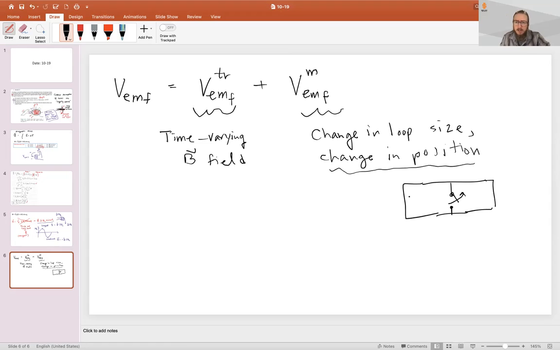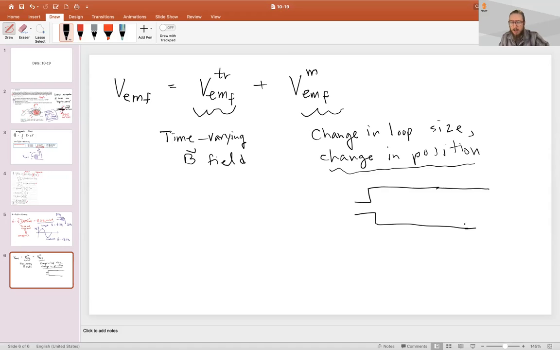Change in loop size. Actually, let me just erase this, because the best example is a rail gun. So you have two prongs, and then you have a conducting bar. And if you slide the bar, the loop size is going to change.